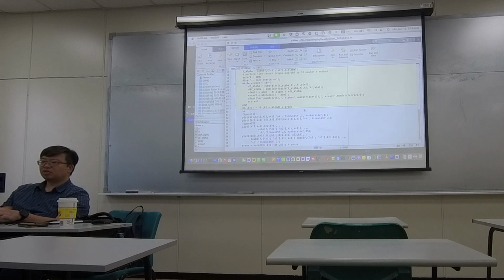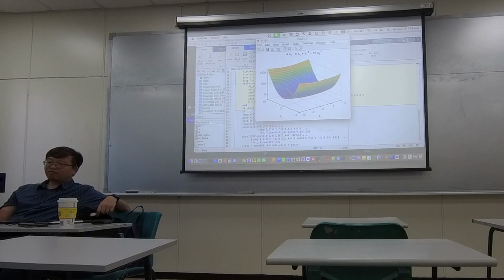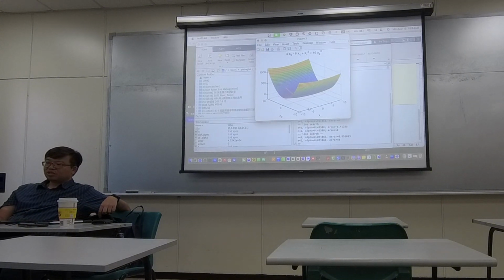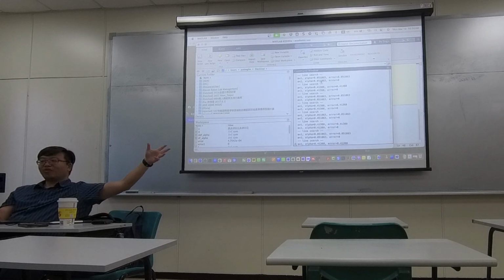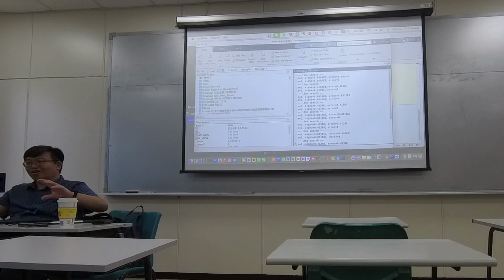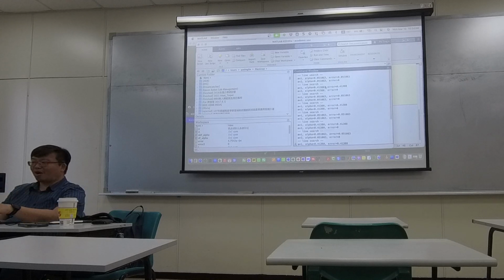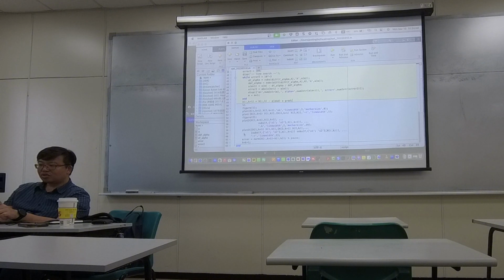If I do that, you can see a bunch of line search solution process with values. But this is only the line search part. I will do the same for the main part.